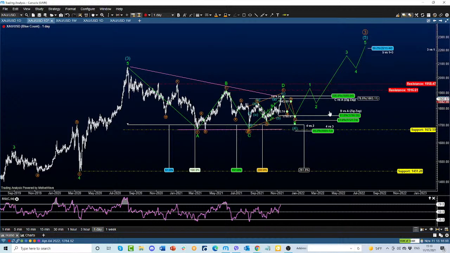I look for that from the end of December 2021, beginning of January 2022. Maybe we will see some initial move on the upside from these levels in 5 waves, a small pullback, and then a continuation above 2,200 and even higher in gold.